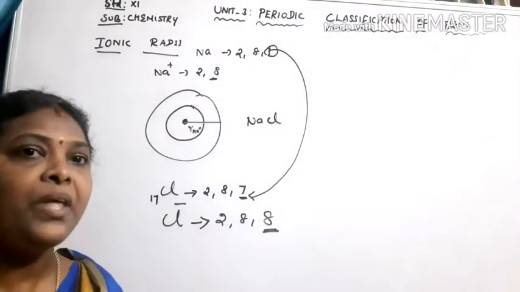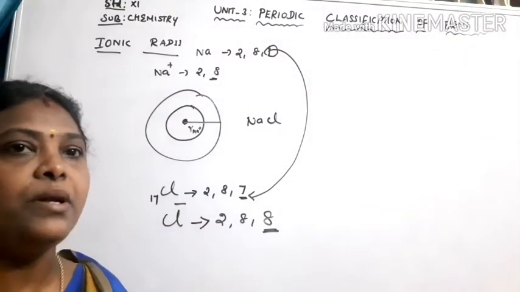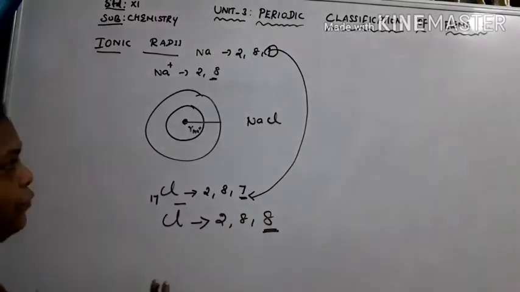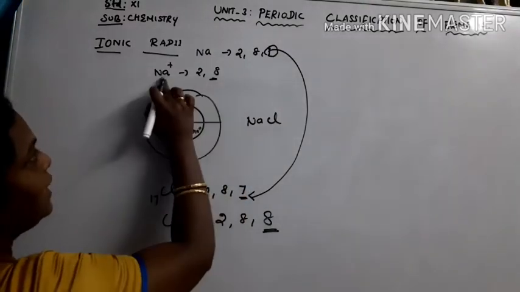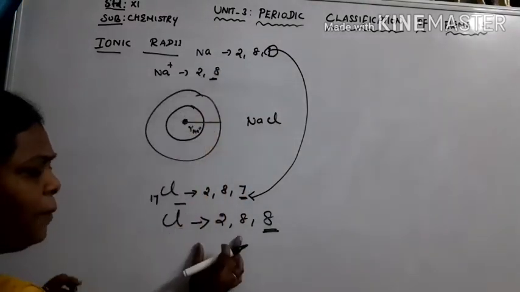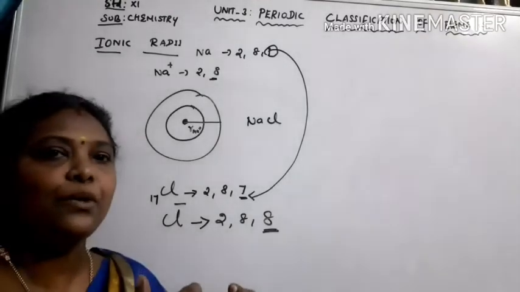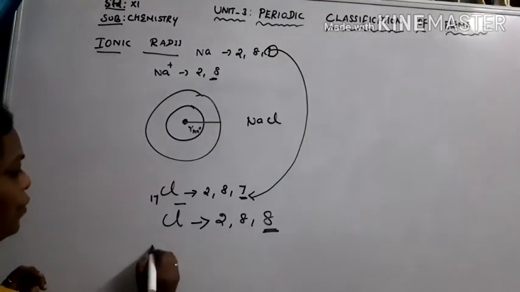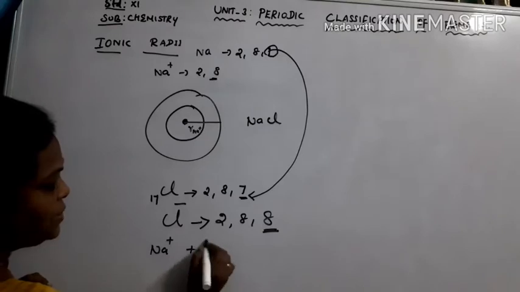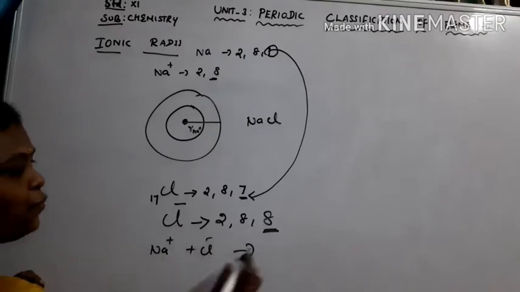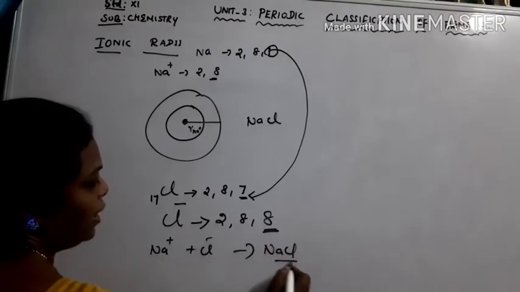When an atom loses or gains electrons, it attains an inert gas configuration. Na+ combines with Cl- due to electrostatic force of attraction and forms the sodium chloride molecule.